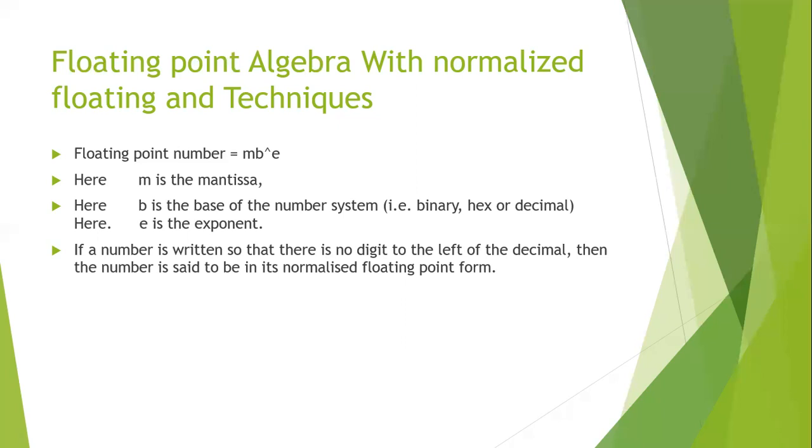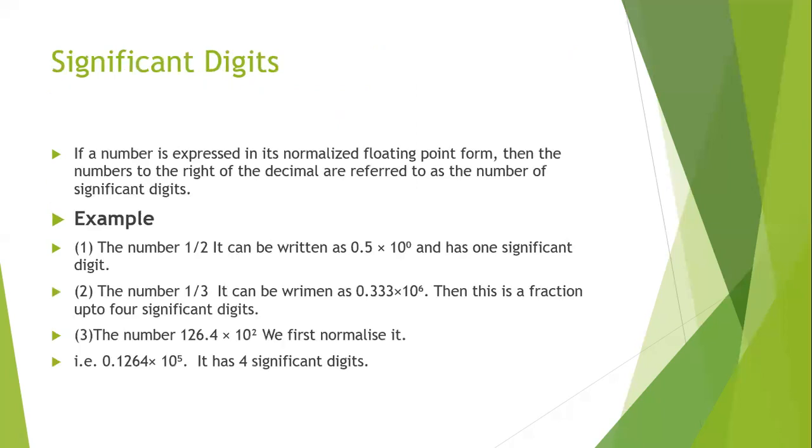Therefore, it is not normalized floating point. For converting this number into the normalized floating point form, we convert it into 0.25 into 10 raised to 4. Then there is no digit to the left of the decimal point, and you can say the number is in normalized floating point form.